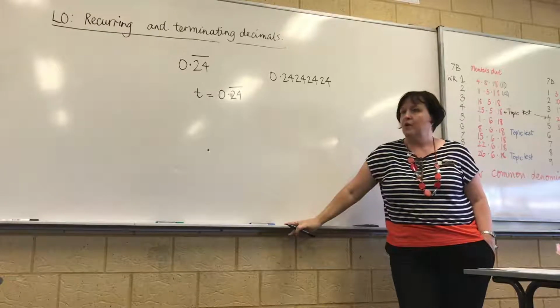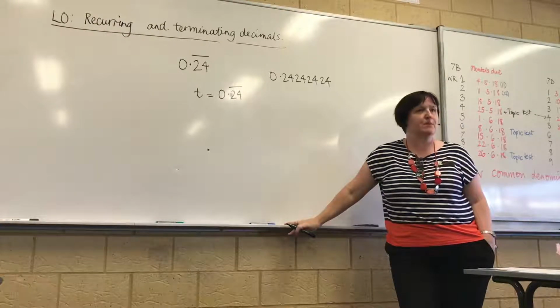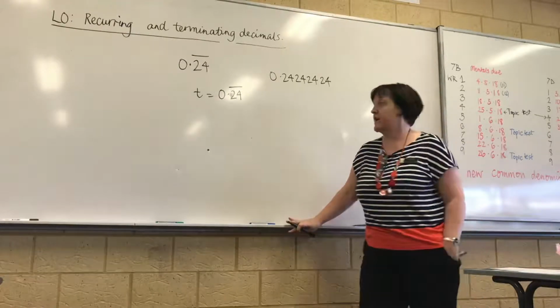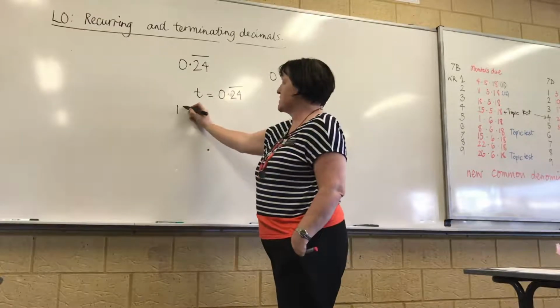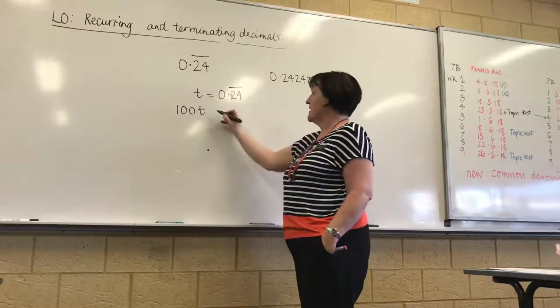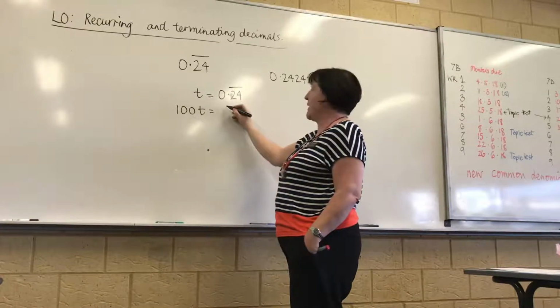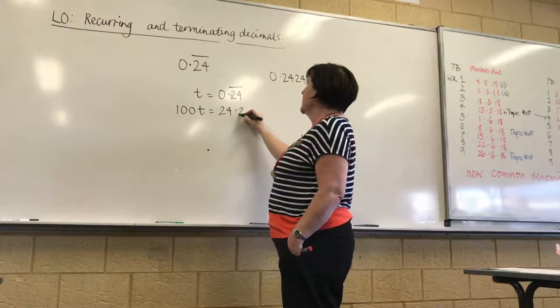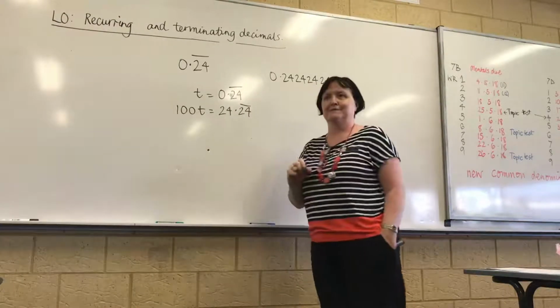Now, what do I need to multiply both sides by? Think about this. 100. Well done, 100. So we're going to multiply this side by 100, so it's 100t, and this side multiplied by 100 is going to be 24.24 recurring.